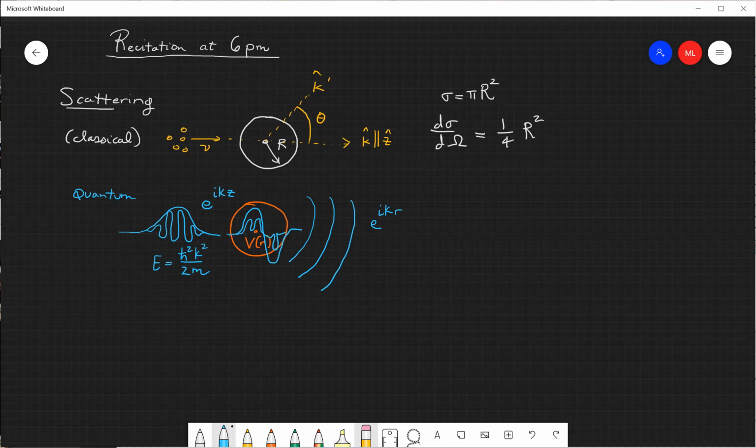These will be the outgoing waves, and they'll have some angular dependence too. So it's multiplied by some function of theta and phi, the spherical polar coordinates as defined away from the z-axis, which is assumed to lie along this direction. We'll explore all that. We should be careful there: this is going to be some k prime, the scattered momentum.